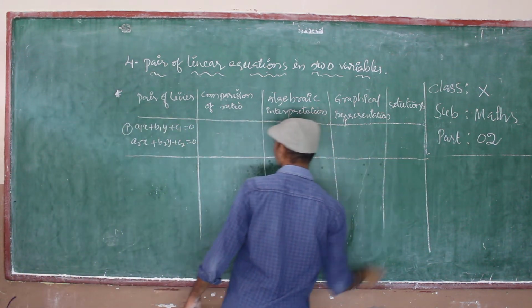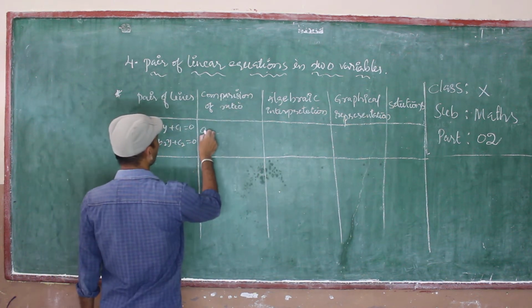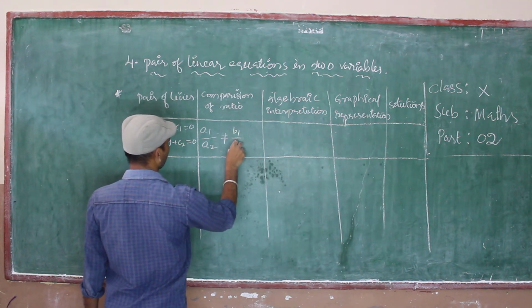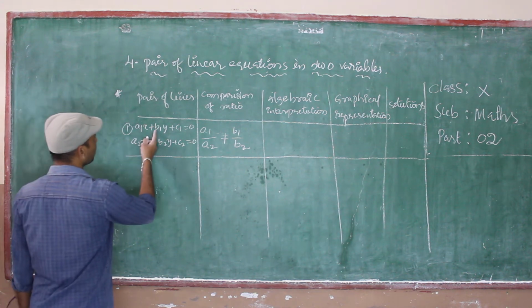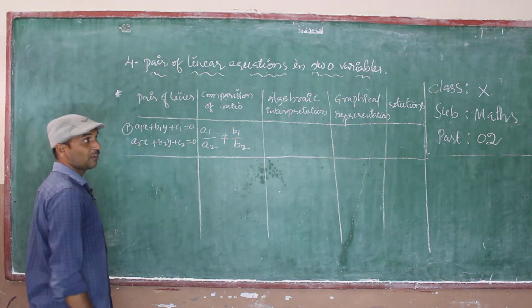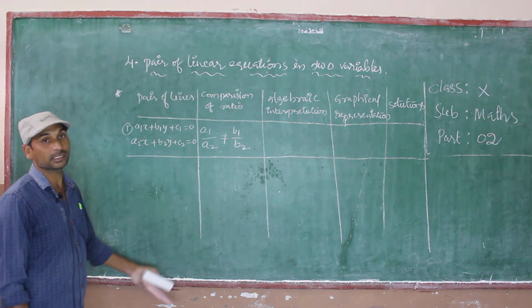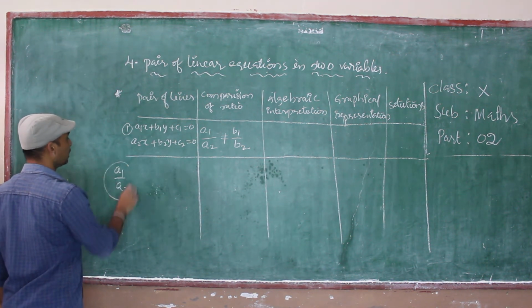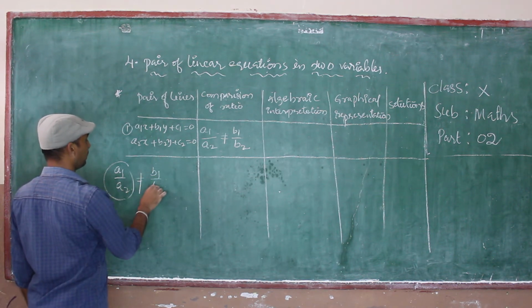So here, comparison of ratio: a1 by a2 is not equal to b1 by b2, which means here they will give numbers, children. Instead of a1, b1, c1, a2, b2, c2, they will give numbers, like the problem I explained before. So if you find out a1 by a2, whatever answer you get is not equal to b1 by b2.